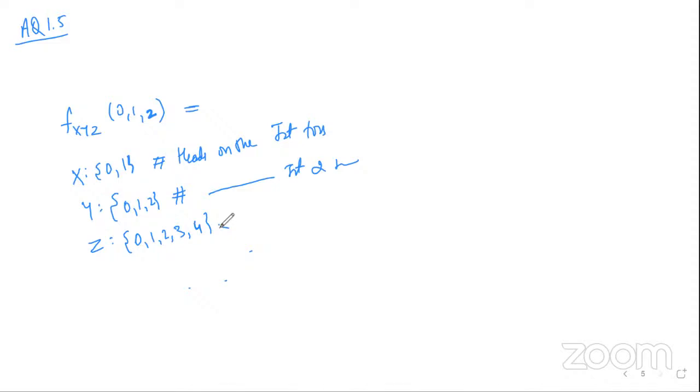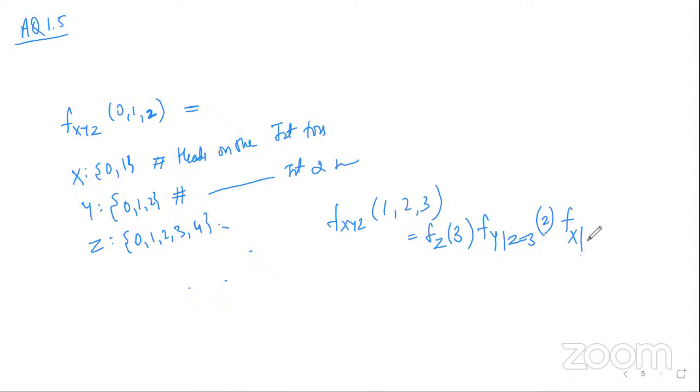Right. So if you want to find the joint probability of X, Y, Z at 1, 2, 3, I'm taking f of Z at 3, times f of Y given Z equal to 3 at 2, times f of X given Y equal to 2, Z equal to 3.